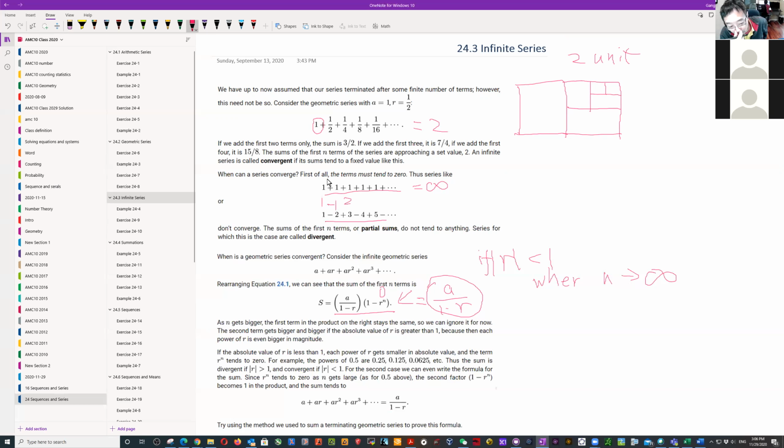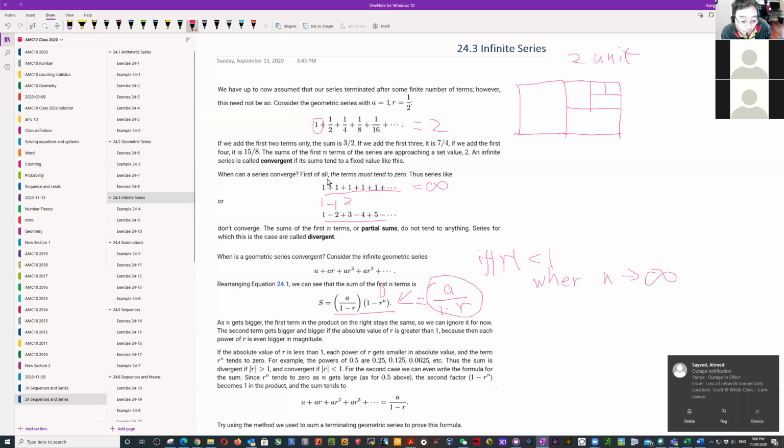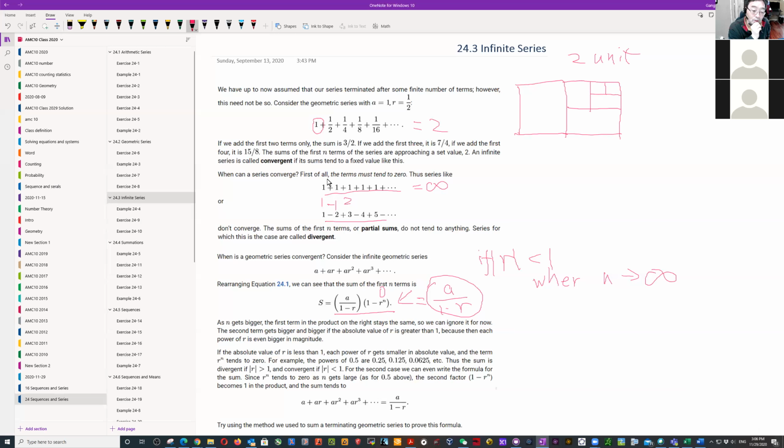It's going to be getting fairly big, so it didn't converge.